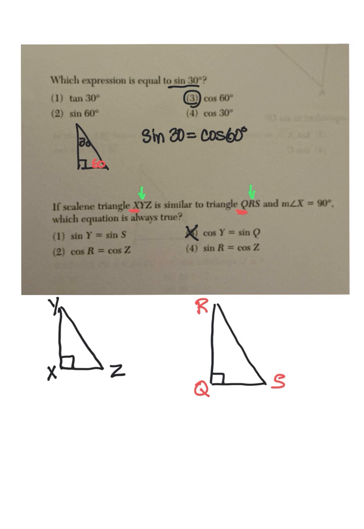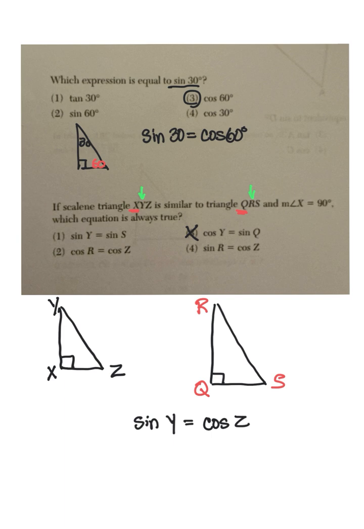So actually, let me interrupt my train of thought. I'm going to look at the triangle on the left, and I'm just going to say the sine of Y can equal the cosine of Z, correct?